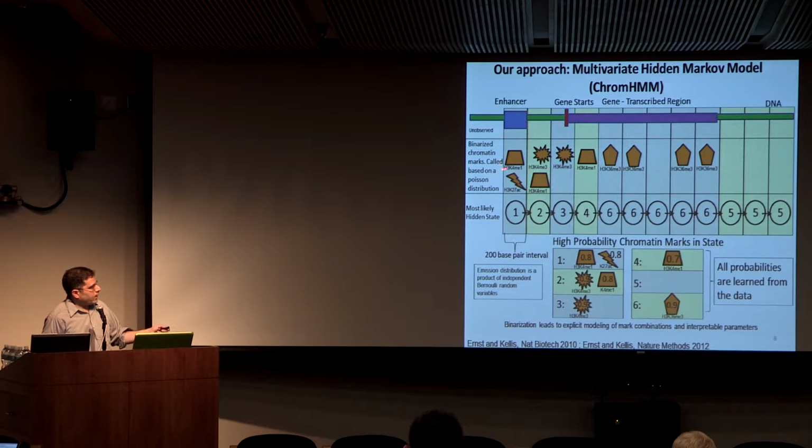What we do observe, after pre-processing, is binary presence or absence calls of different histone modifications at a 200 base pair resolution. We assume those observations come from a hidden Markov model where, in different states, we have different probabilities of observing each modification. We model this with a product of independent Bernoulli random variables, and we learn all the parameters from the data.